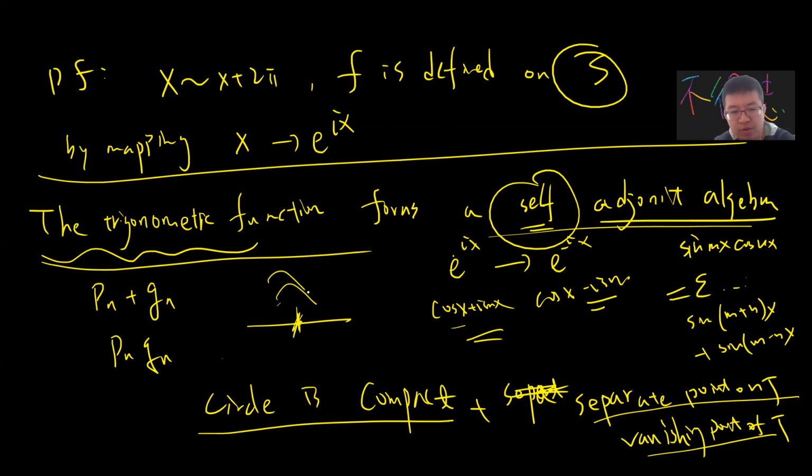So you can always find a function which is non-zero, and separating points is also easy.